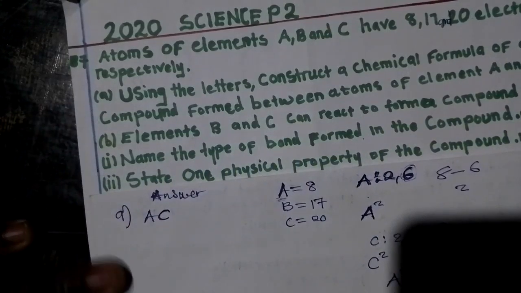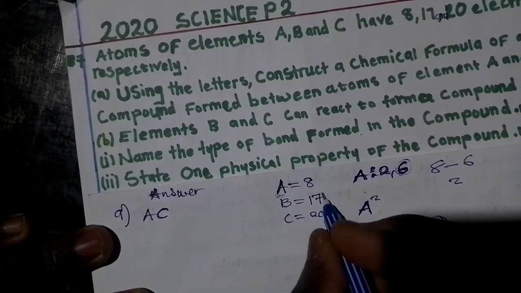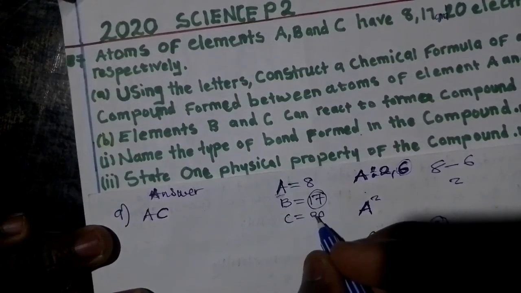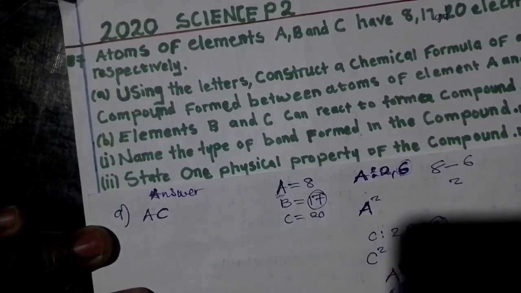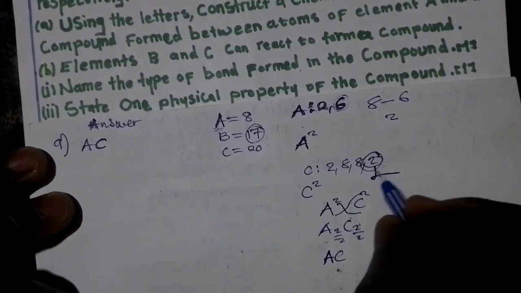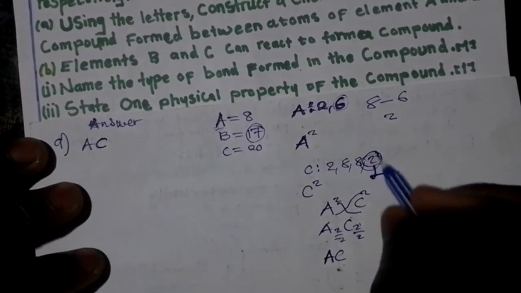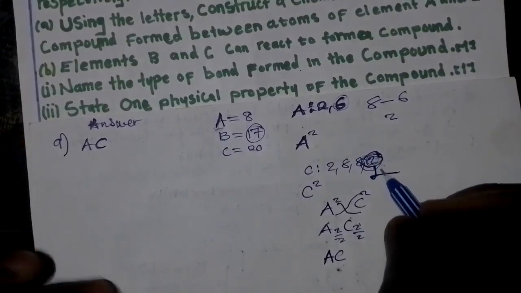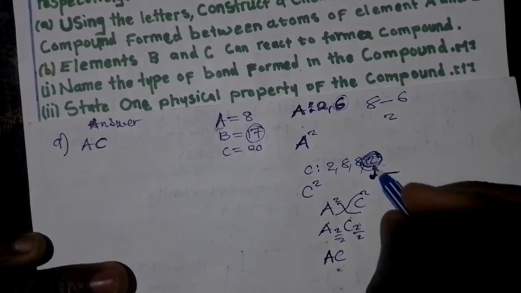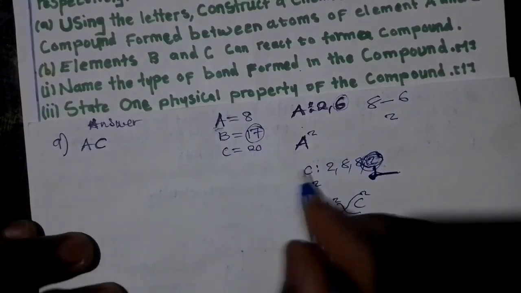So before I even answer this one, let me test first. Is B a nonmetal or a metal? Since I've identified that C is a metal, since it is having 2 electrons in the outermost shell, so this tells me that this one is the metal. Now let's test for B first.